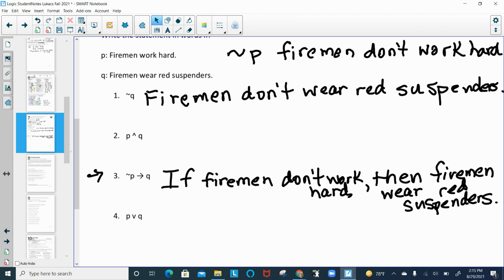Now, if we look at statement 2, we actually have two pieces. We have a P and a Q, and we have this little symbol, which is for "and." So we're going to take P, "firemen work hard," and Q, "firemen wear red suspenders."